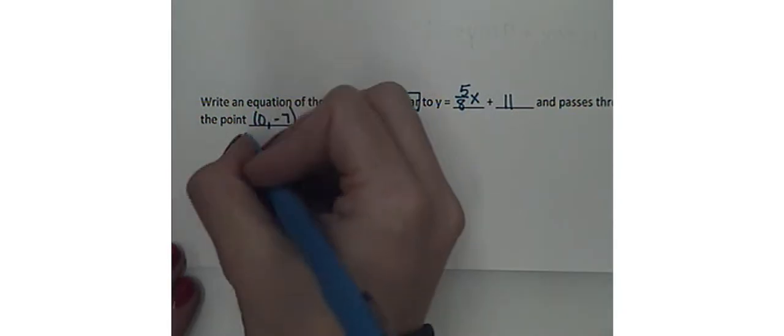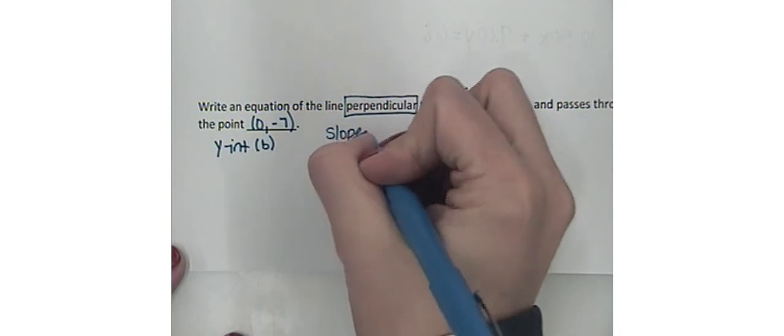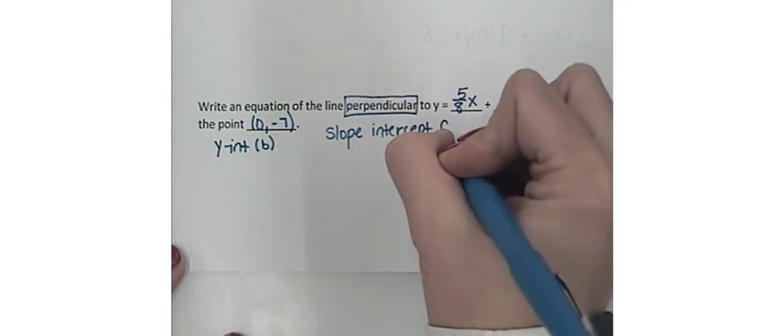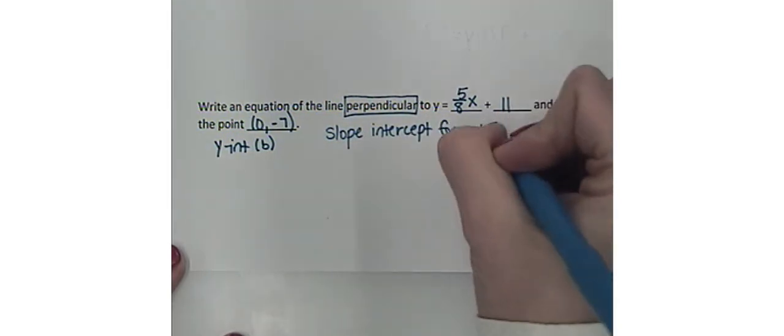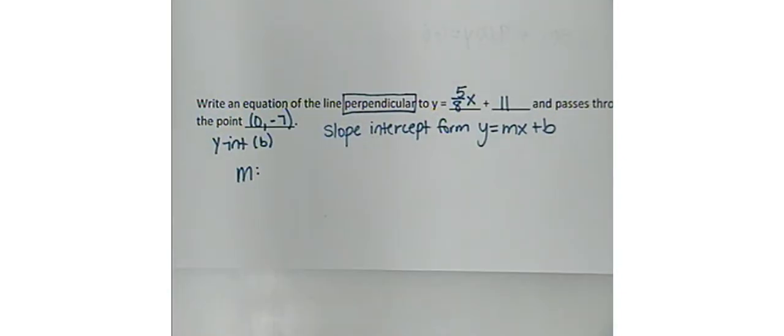This is our y-intercept, also known as our b-value. So you are going to use slope-intercept form for this one, which is y equals mx plus b. You might want to find out what your m is first.